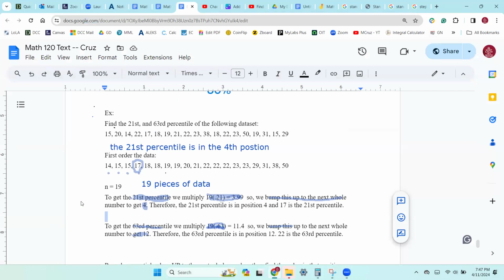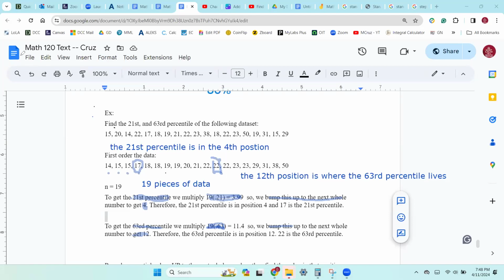So the 12th position is where the 63rd percentile lives, okay? So 12. So this was 4, 5, 6, 7, 8, 9, 10, 11, 12.